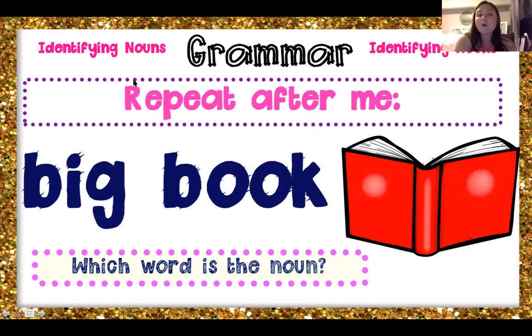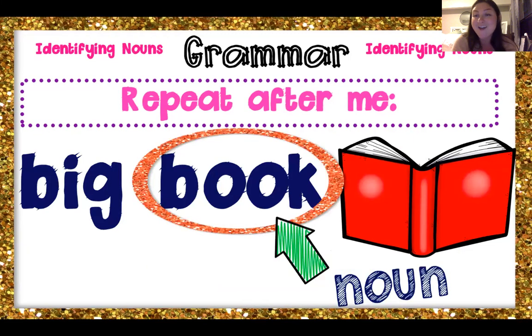All right, repeat after me. Big book. Which word is the noun? Remember, a noun is a person, a place, or a thing. Great job if you said book. Book is a thing, so that makes it the noun.